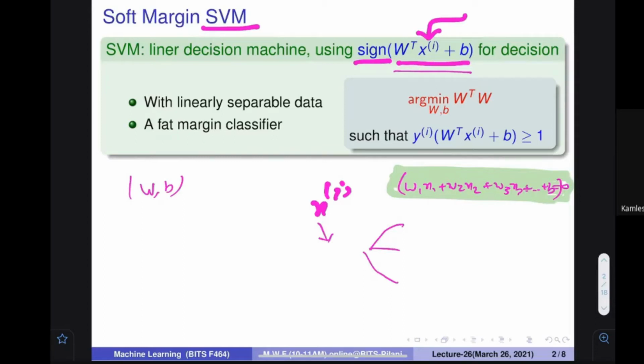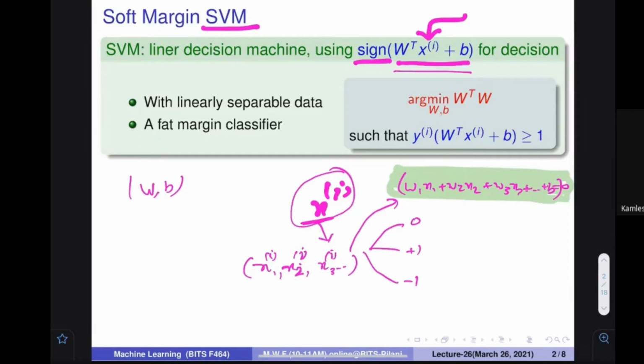For a given point, there could be three conditions. Either it is on the plane, then this equation gives 0. If the point is xi, you take the first attribute of xi, the second attribute, the third attribute, all the attributes, and put them into this formula. You may get 0, you may get a positive number, or you may get a negative number.